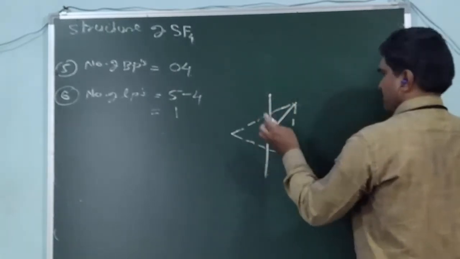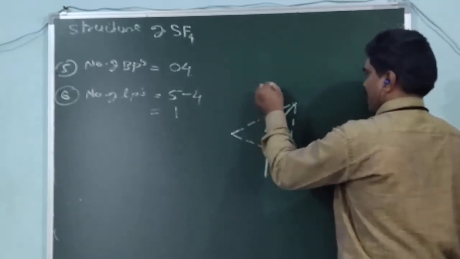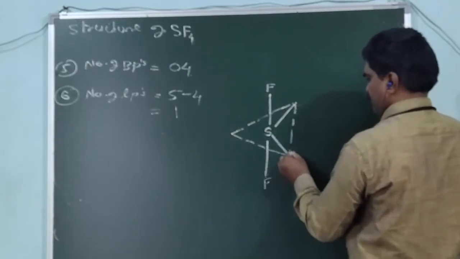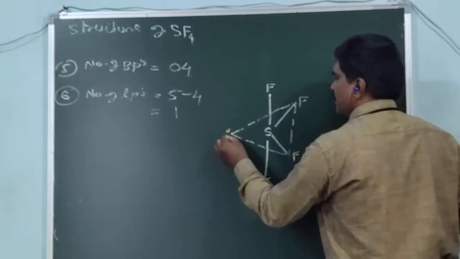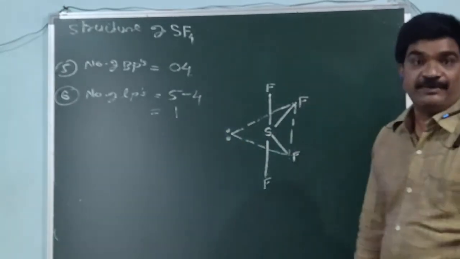There is a fluorine, F, F, F, F, and the lone pair should be placed at the equatorial position.